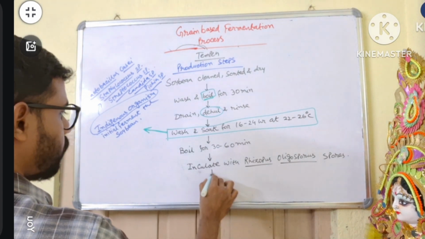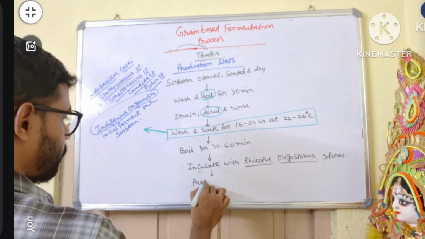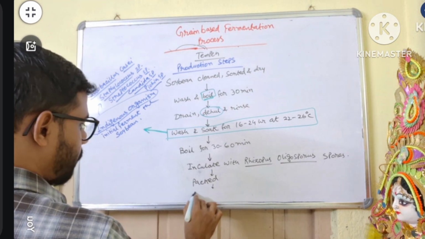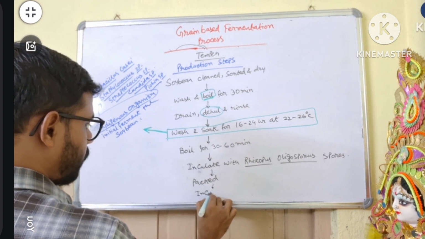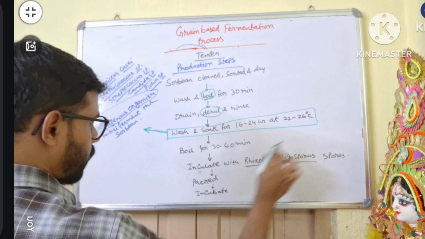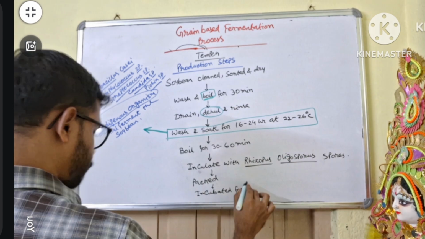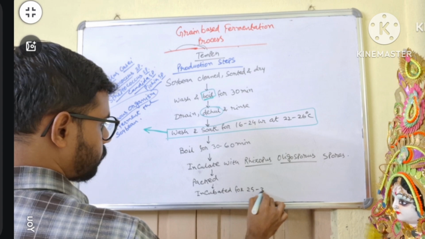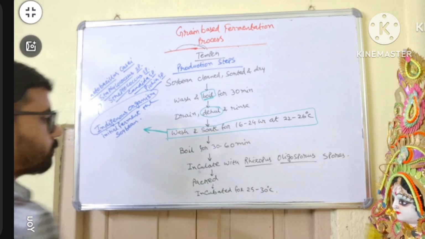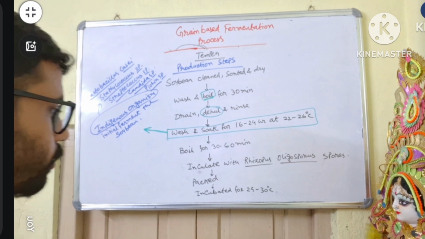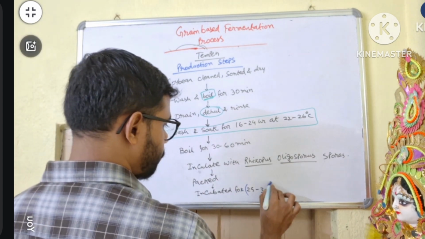After addition of spore, it will be packed and incubated at the optimal temperature of 25 to 30, which is important for mold growth. This incubation temperature is for mold growth and fermentation.